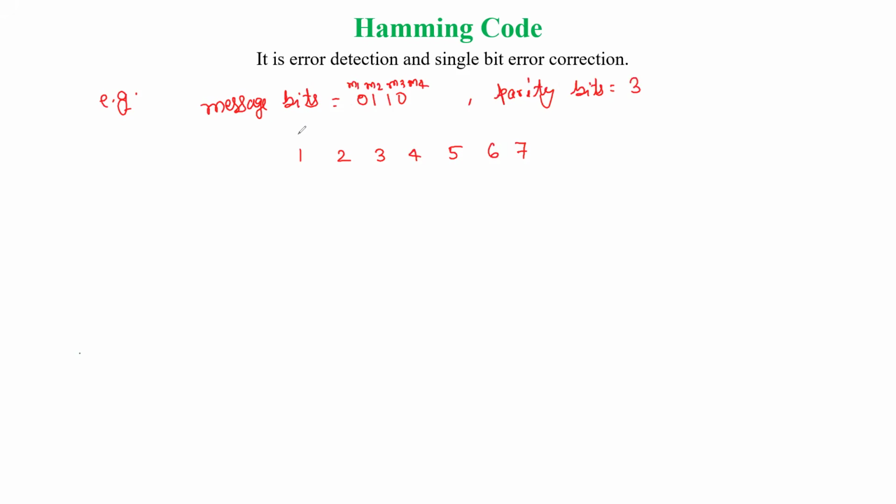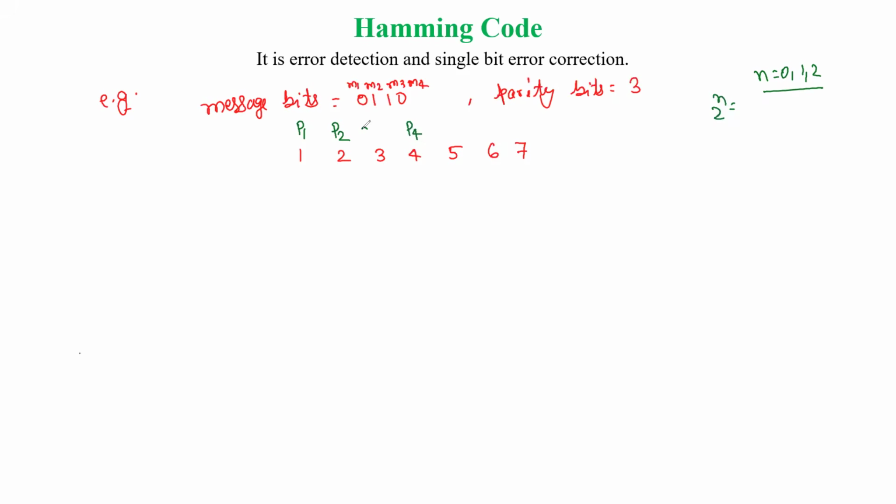This is the position of the first parity bit. This is the position of the second parity bit, and the third position is here, P4, that is the third parity bit. So the position of a parity bit is recognized by 2 to the power n. Since n is 3, the n values are 0, 1, 2. On this basis the positions of the parity bits are fixed.